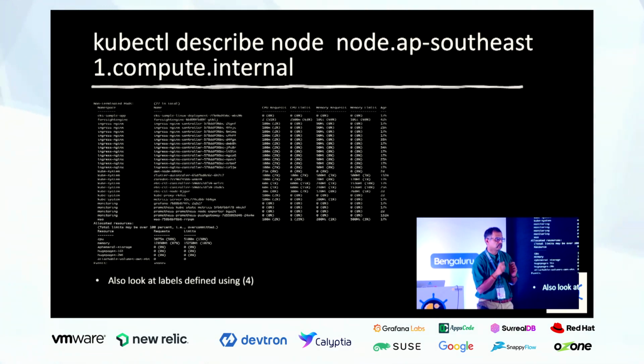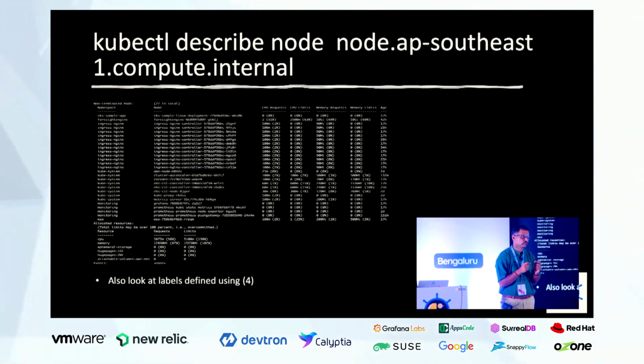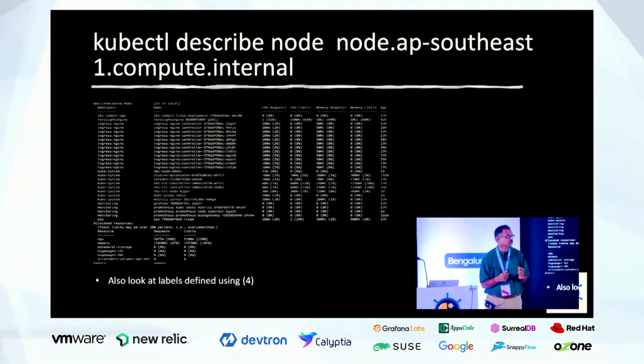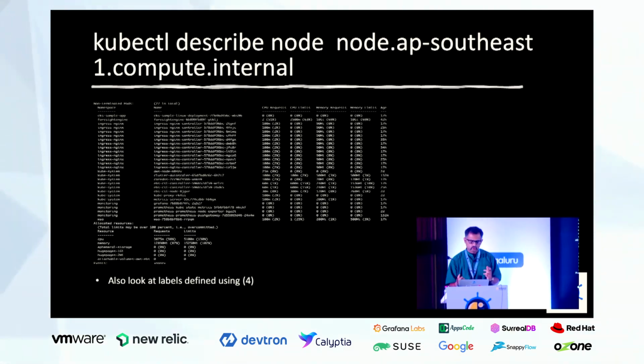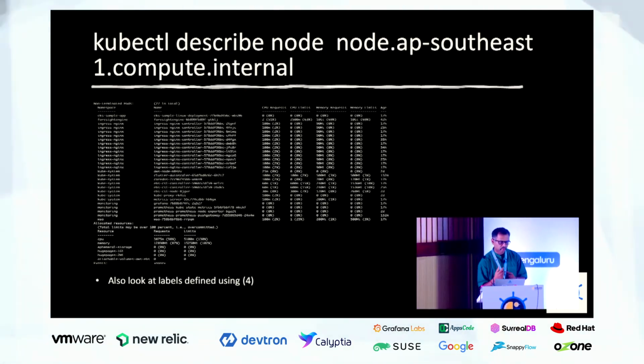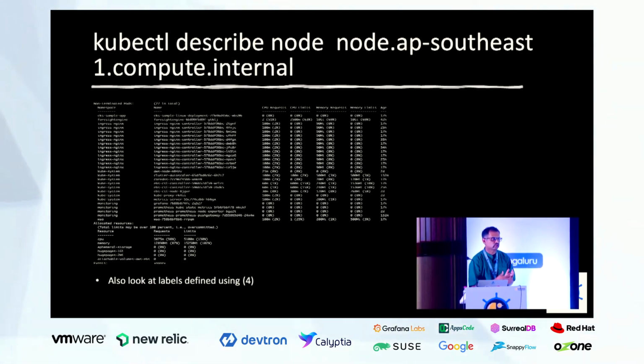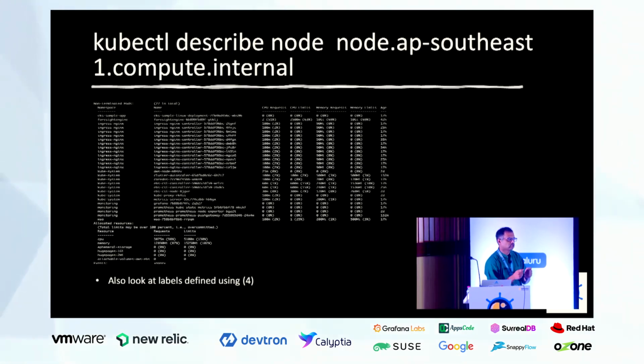And these labels help you figure out where you are spending a lot of time, which applications are taking a lot of space, and which applications are taking a lot of money, right? And this is where you say, okay, I want to declutter this part of it, and you can play around with this.